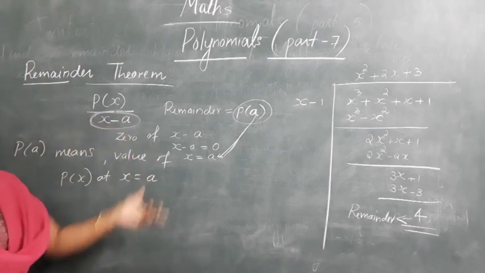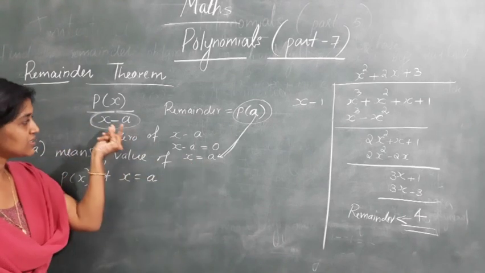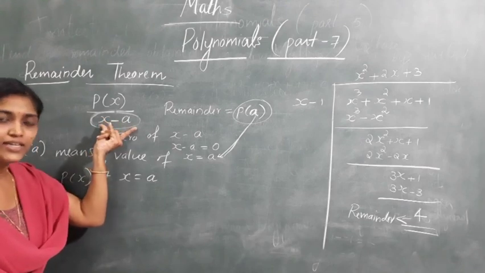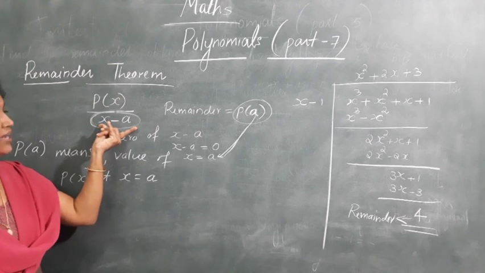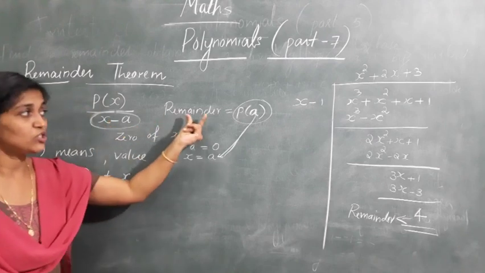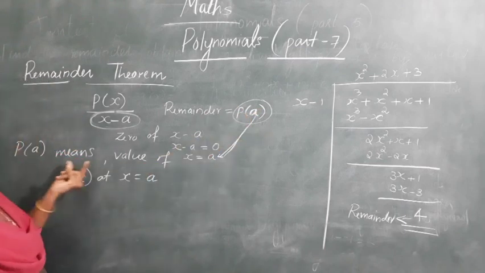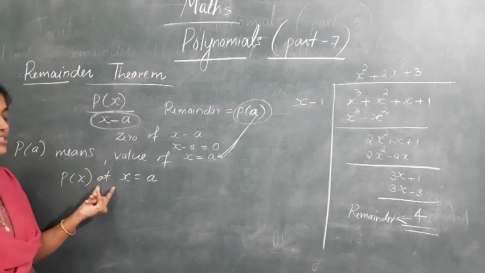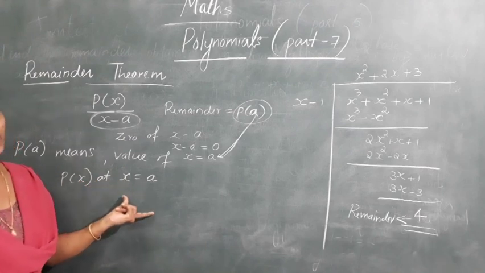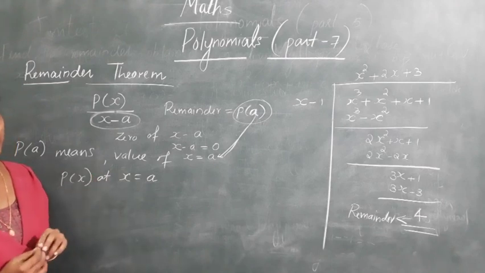So all this you have to relate. What is this a? a is the 0 of this linear polynomial x minus a. And the remainder is not equal to a, the remainder is p of a. P of a means the value of p of x at x is equal to a. Is it clear? That is the remainder theorem.